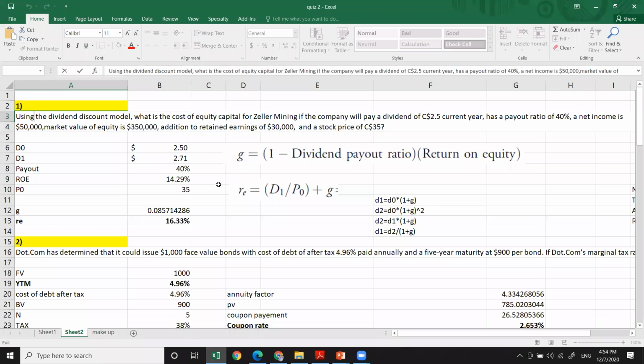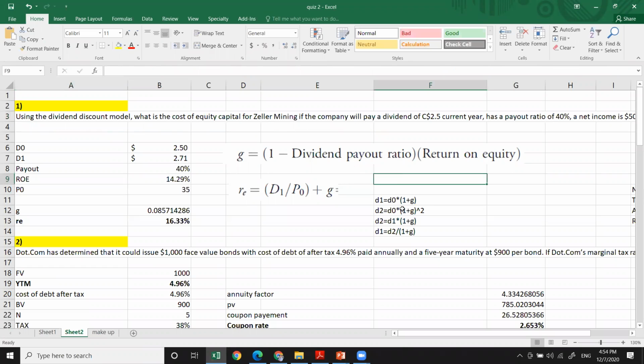How did I find the payout ratio? Do you know that net income is equal to dividends plus the addition to retained earnings? If this is given, can you find the payout ratio?